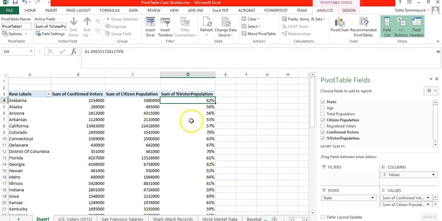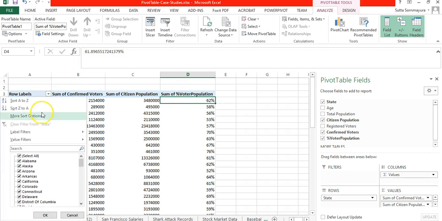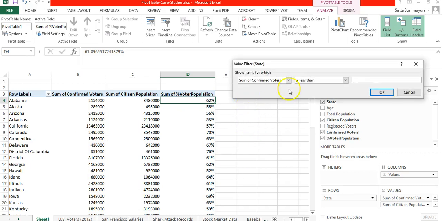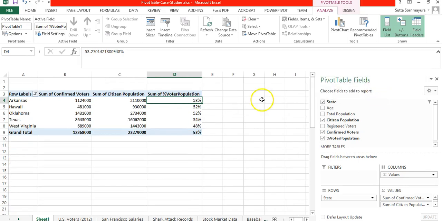And then after that, according to the question, you have to use the filter. So all these are the water population, right? After that, you use the value filter, less than, filter by sum of the water population, the new field that you just created, and then you use below 55%, and then you click OK, and you can get all the answers.